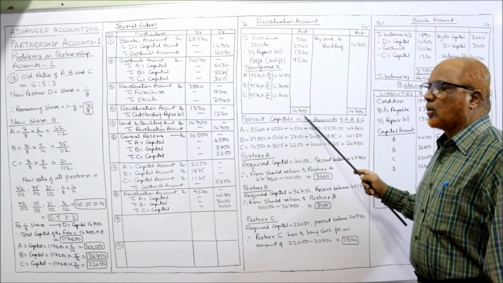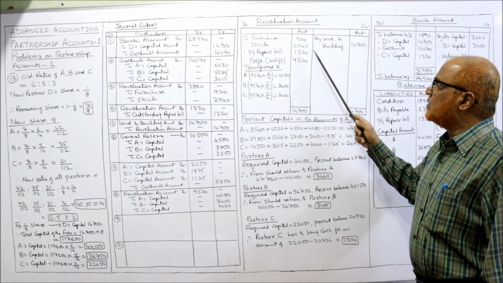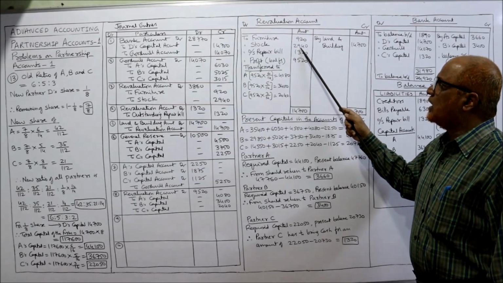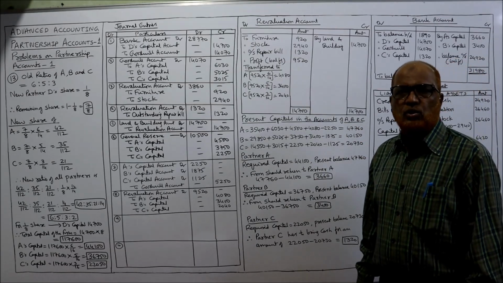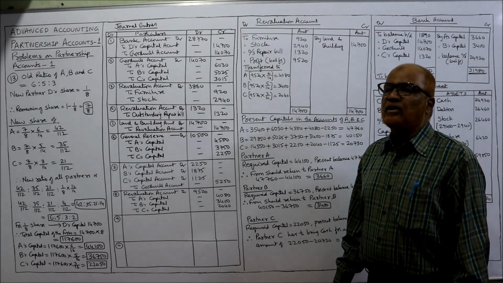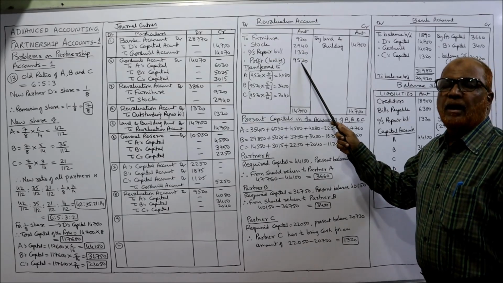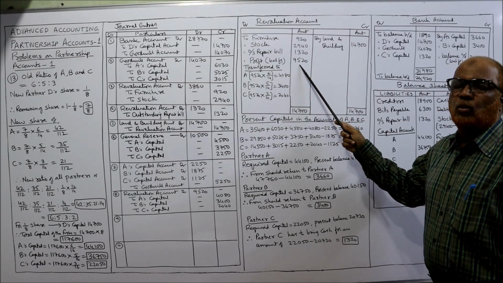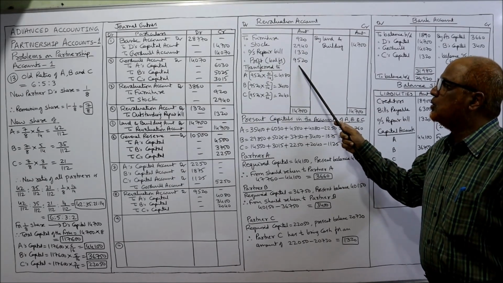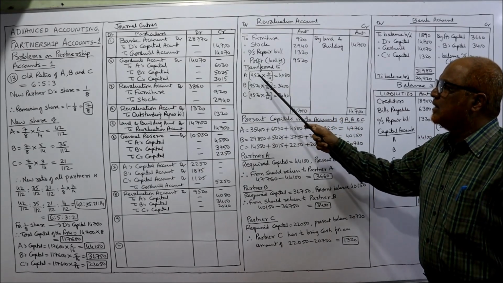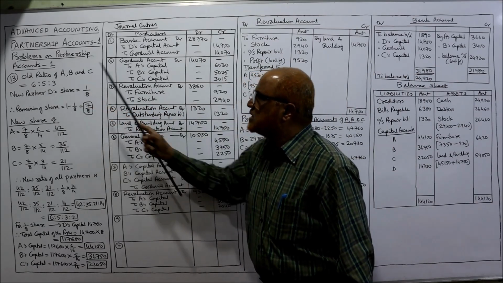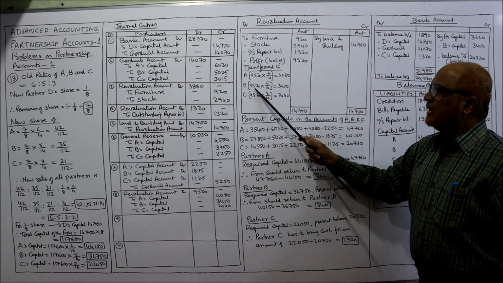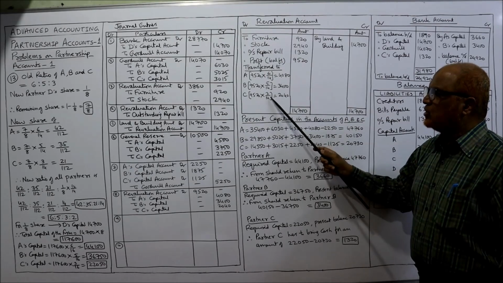Credit side is more, so 14,700 minus 920 minus 2,940 minus 1,320. So profit is 9,520. This profit will be shared by the old partners in the old ratio. So A will get 9,520 into 6 by 14, which is the old ratio. Then 9,520 into 5 by 14, 9,520 into 3 by 14.